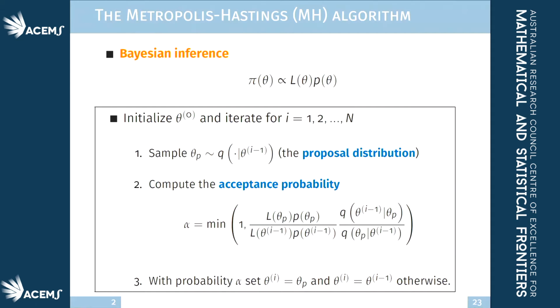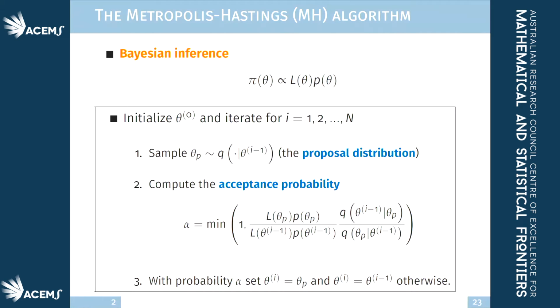So the Metropolis Hastings algorithm is predominantly used in Bayesian analysis, and basically you compute, this is what it's like. You compute the likelihood, you compute the prior, and theta p is your current proposal.